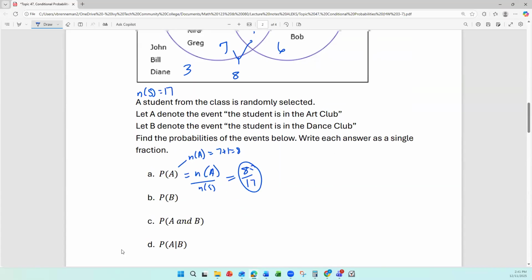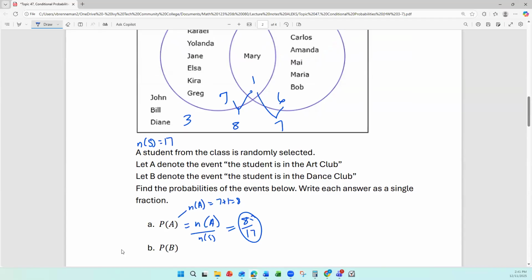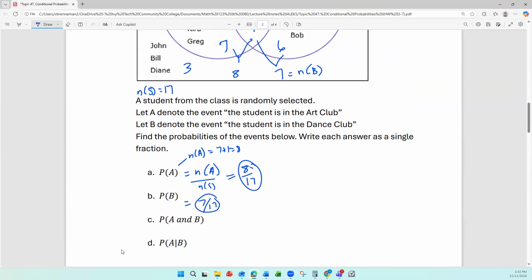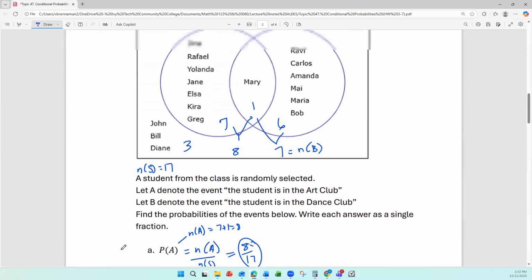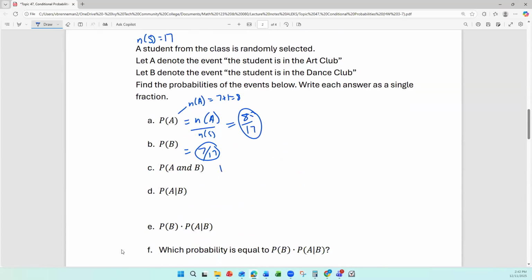P of B, there are a total of 7. N of B is 7. So out of the 17. Then P of A and B, A and B is just Mary, just that one student out of the 17.